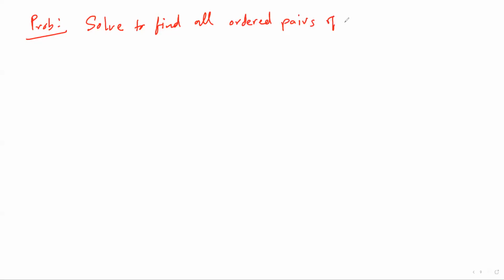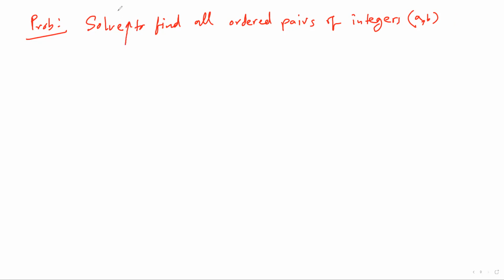For example, you can write a problem like this: solve to find all, not just one pair, all ordered pairs of integers X, Y. Okay, I forgot to write the equation.